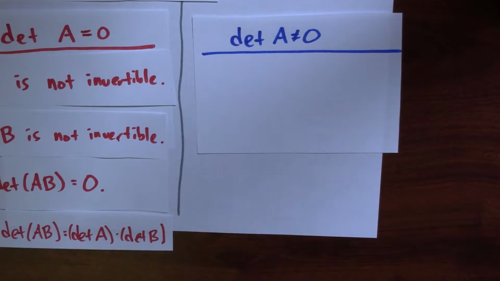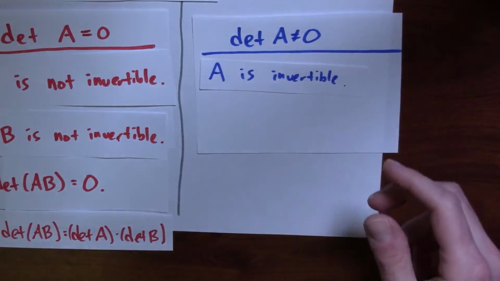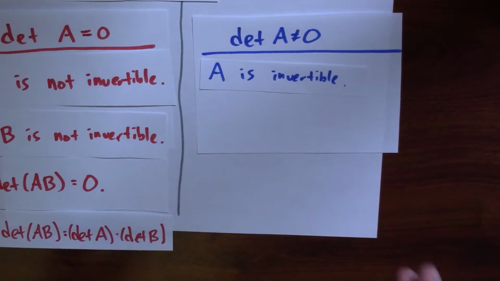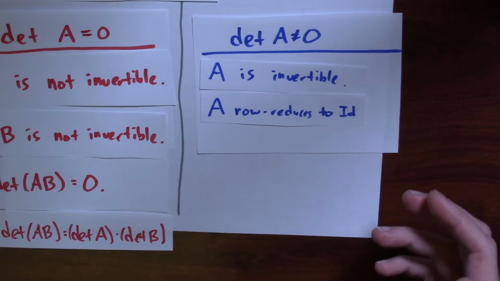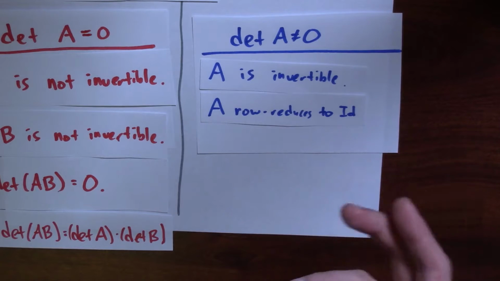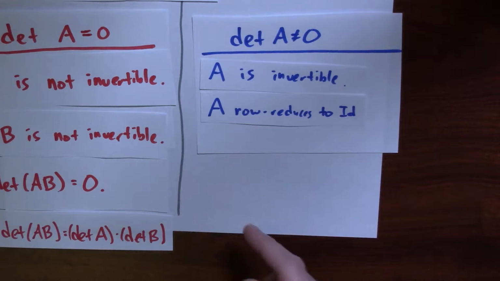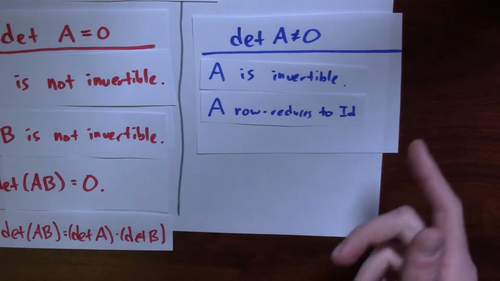Now, the other case is where the determinant of A is not 0. What are we going to do in this case? Because the determinant of A is non-zero, A is an invertible or non-singular matrix. What that means is that A row reduces to the identity matrix. I can do row operations to reduce A to the identity matrix.